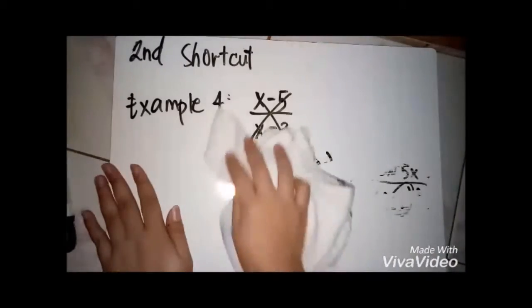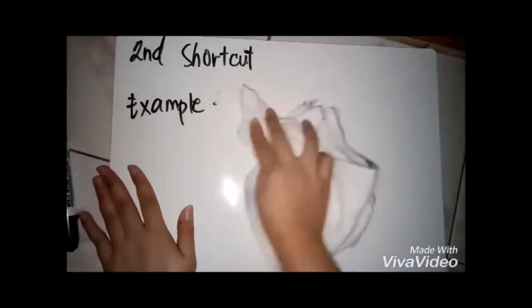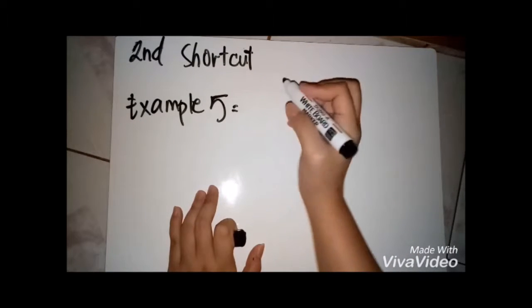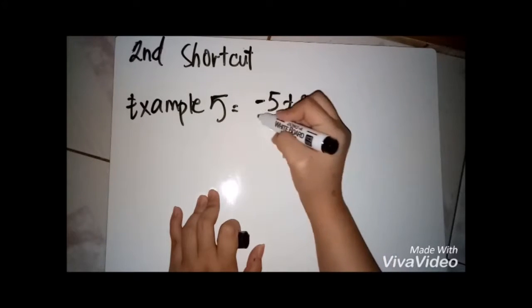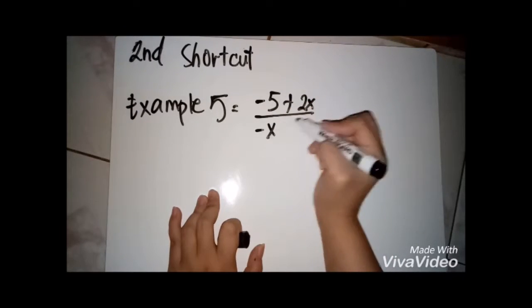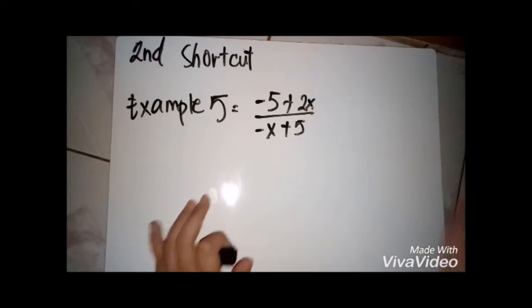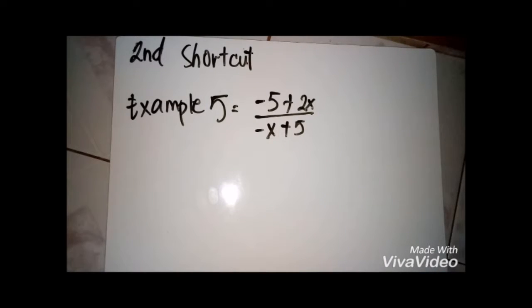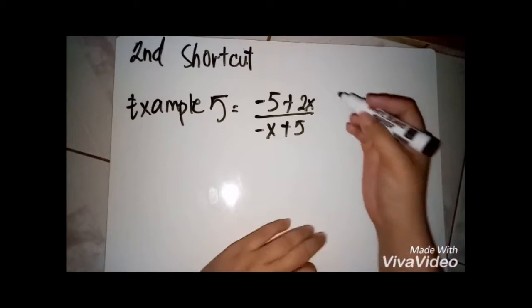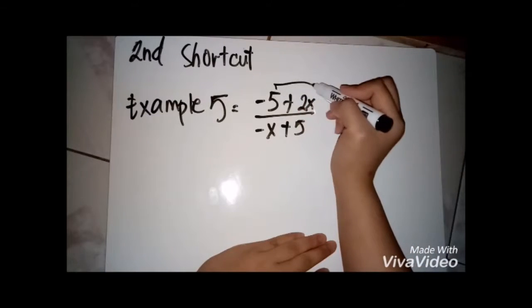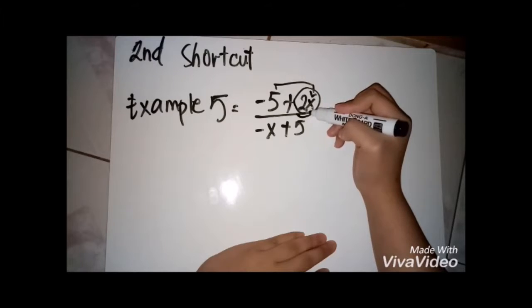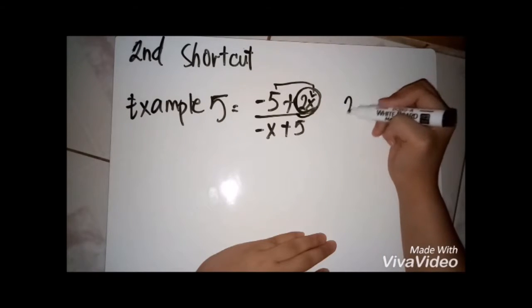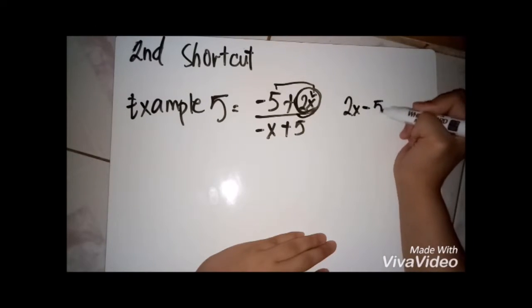So we proceed to example number 5. We have negative 5 plus 2x over negative x plus 5. By this, we need to arrange the terms by their x's. So we move it to the first term. So we have 2x minus 5.